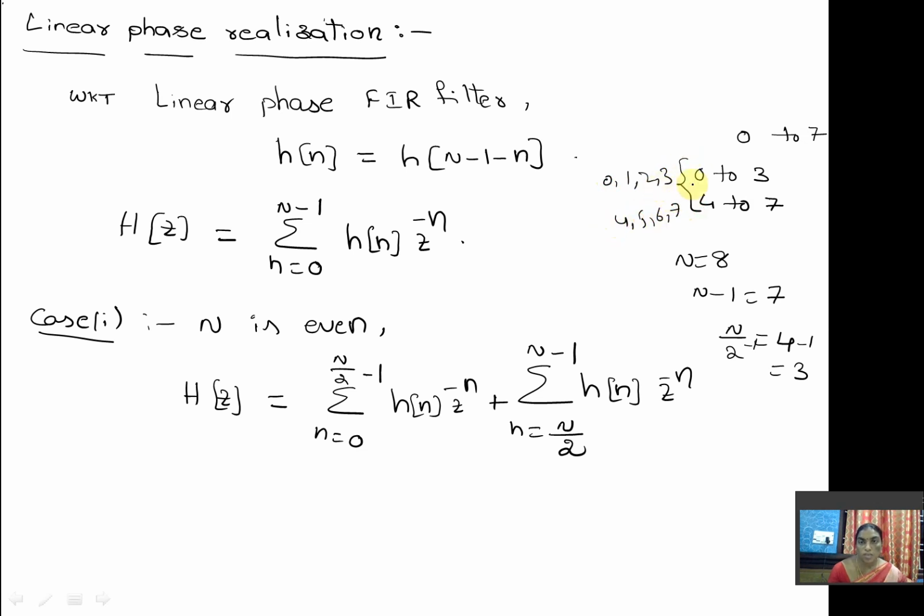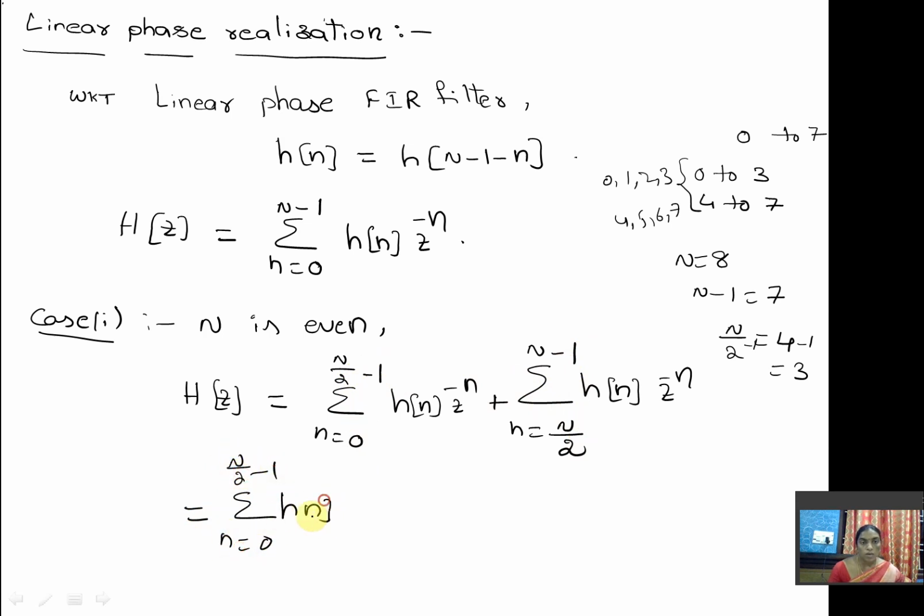In this way, we decompose our summation into two. So the first summation limits are from 0 to half of the samples, that is N by 2 minus 1, then the remaining samples from N by 2 to N minus 1. Now take the second summation.